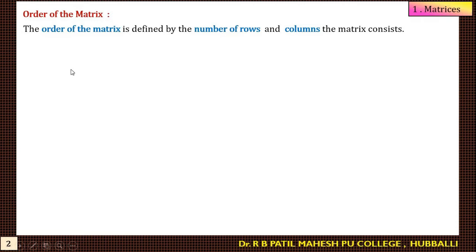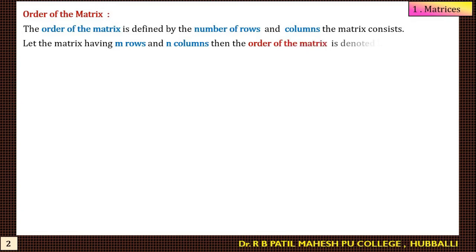That means the number of rows and columns of the given matrix is called the order of the matrix. Let the matrix have m rows and n columns, then the order of the matrix is denoted by m into n.